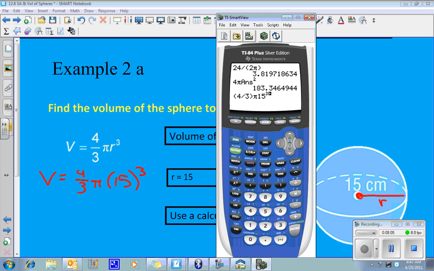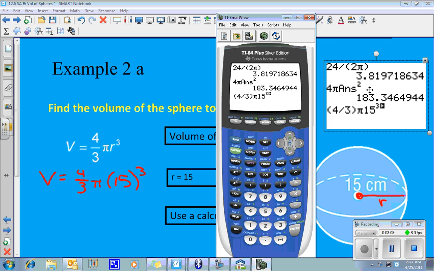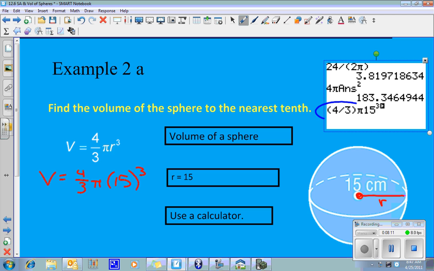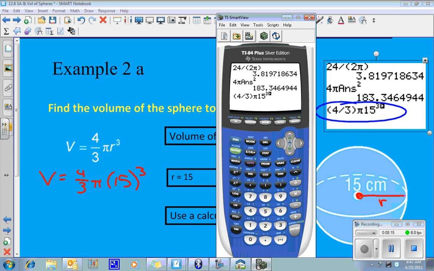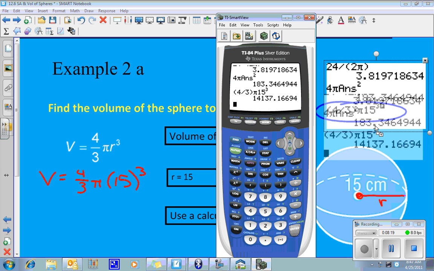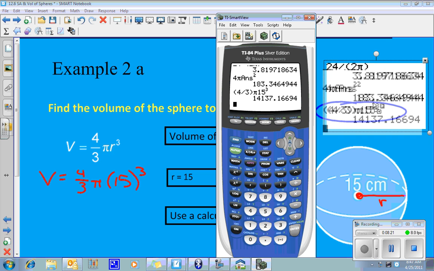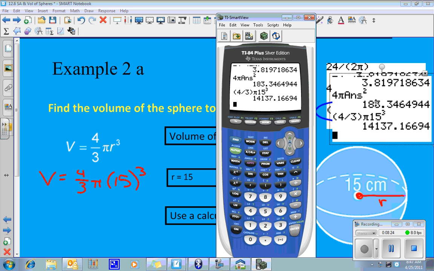So here's my work. Okay. We only need this bottom portion right here. All right. We hit enter, and we get 14,137.166.